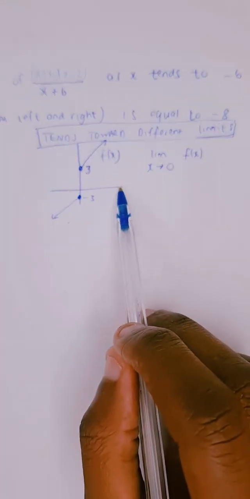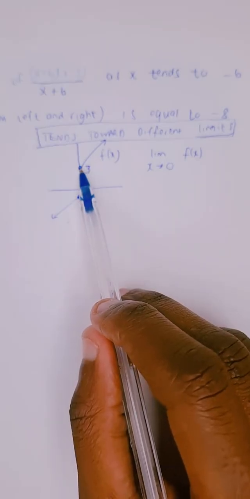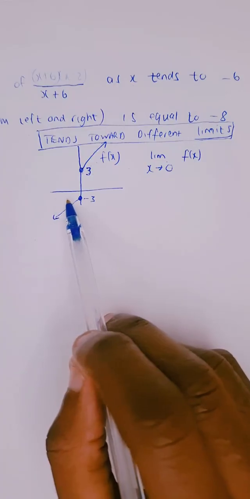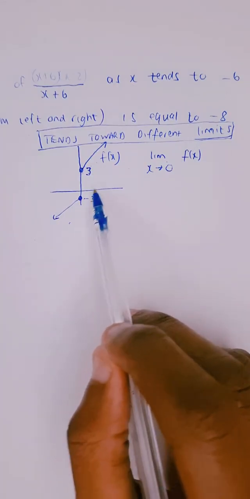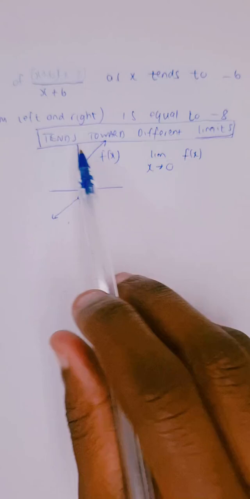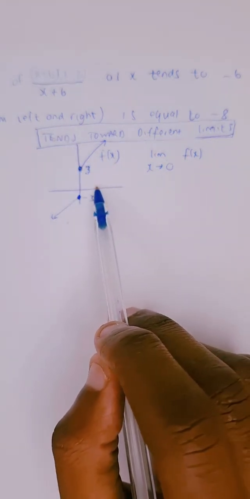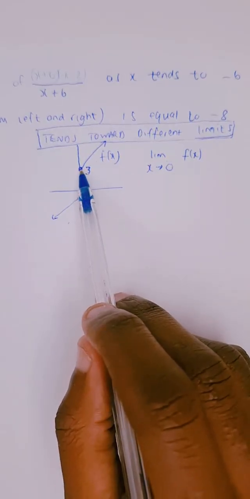From the right, as we approach 0, we get +3. And as we approach 0 from the left, we get -3. So the y values are different. As we approach 0 from the right, we are getting 3.